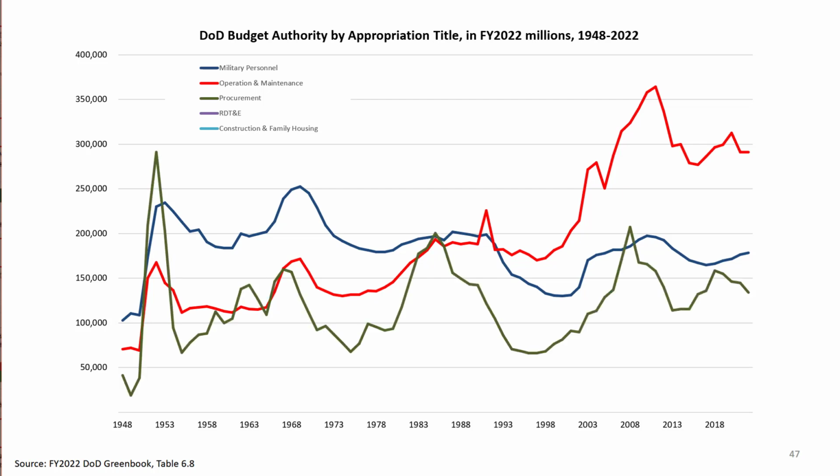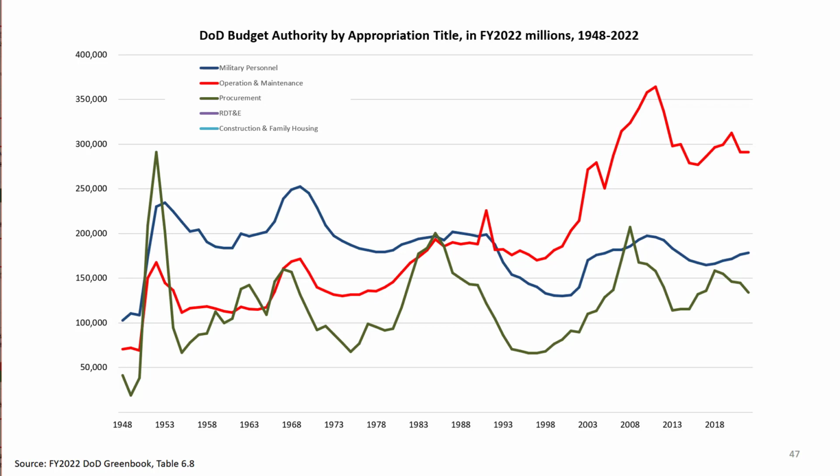Green line is procurement, and notice that it also has its ups and downs, but it's a much more jagged line than O&M and mil-pers. Given an incremental increase or decrease to the defense budget, it's much simpler to add quantities of missiles or vehicles or aircraft or subtract an incremental amount than it is to add people or installations.